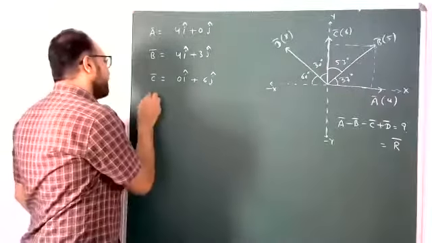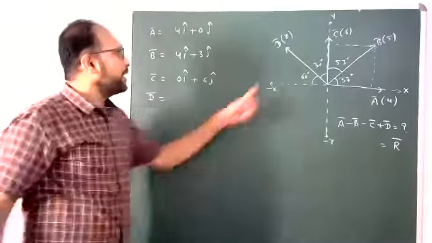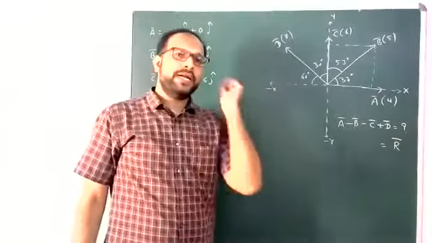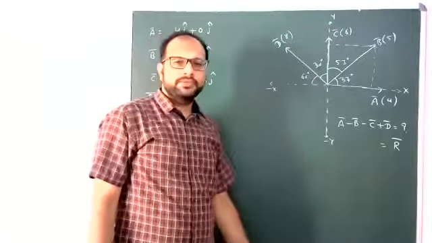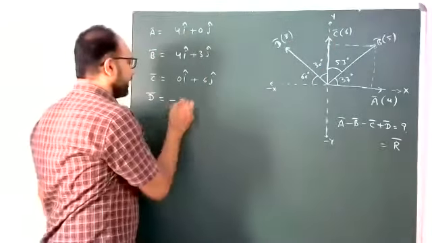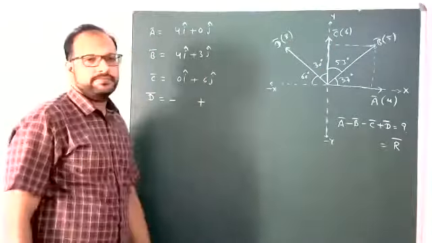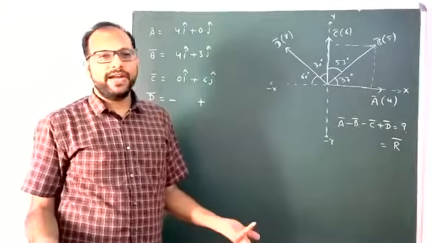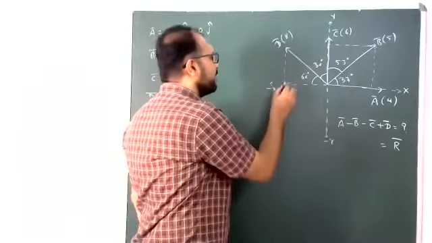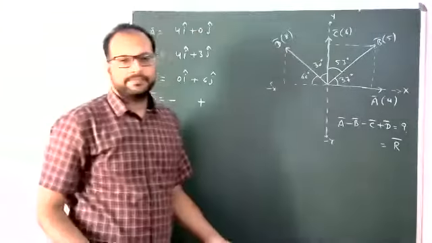Now students, D bar. D bar is in the second quadrant: x negative, y positive. Suppose a student is unable to find the signs, simply draw one right angle triangle.